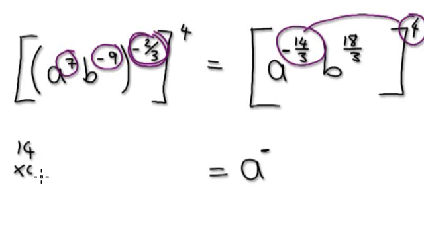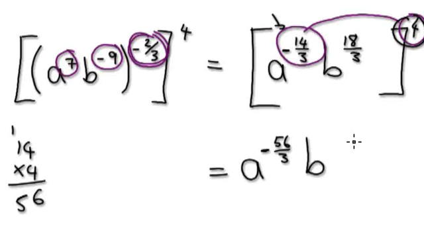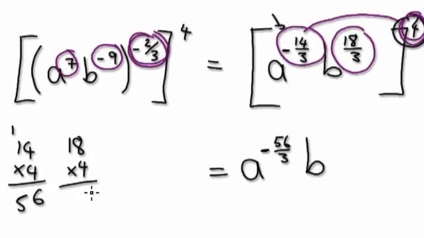So it would be 56 over 3. Okay, and then b will be, well, just get this times this thing here. So it's 18 times 4. So this will be 32, carry the 3, well, it's 72, so it will be 72 over 3. So this thing here would be your final answer.